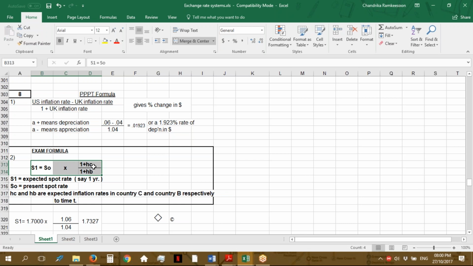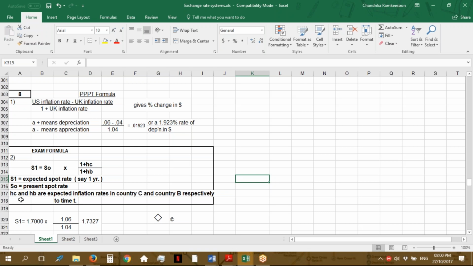Now, the formula in itself really isn't a helpful formula at all, because if you were to take a look at it, well, we can understand the S1 and the S0. S1, that's how we say year 1 and year 0. S1 means the spot rate expected in a year's time, and S0 means the current spot rate. What we are trying to do is to estimate the spot rate in a year's time. So we can understand this. But then, we come to this part: times 1 plus hC over 1 plus hB.